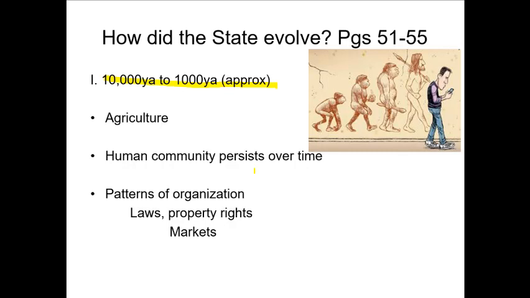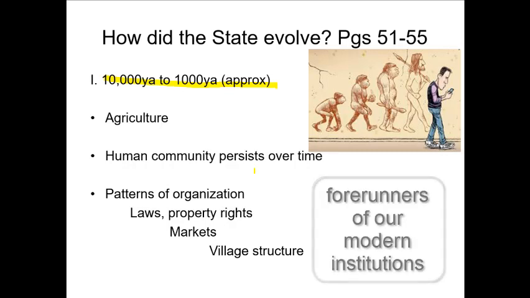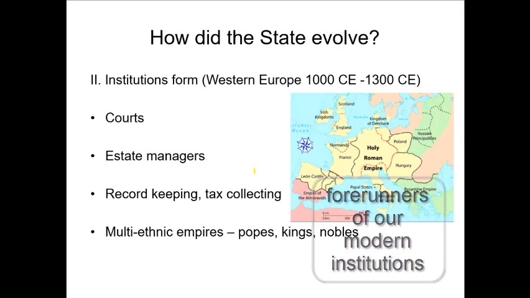They started to develop market systems or some sort of system that they could trade or barter or be able to transact. And so they also came up with structures of villages and eventually towns and cities. So these are the forerunners of our modern institutions.